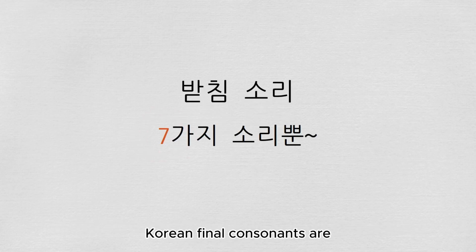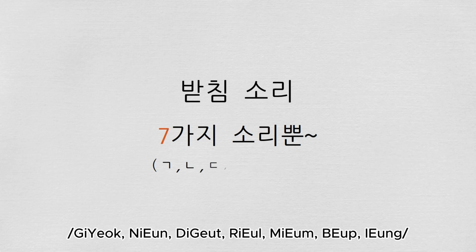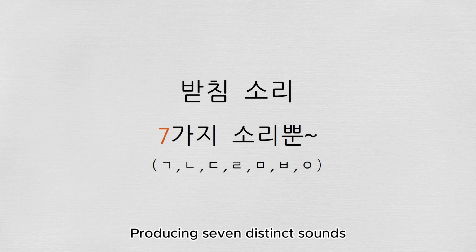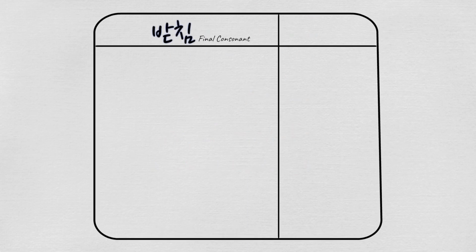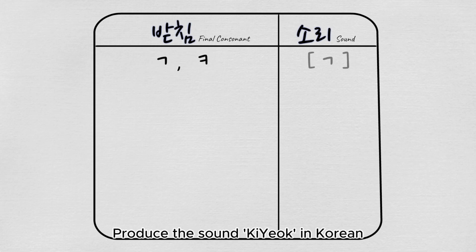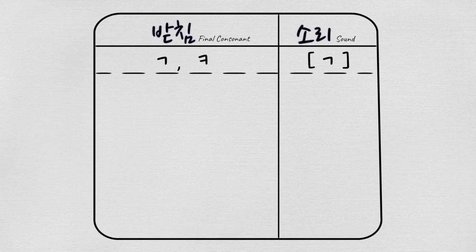Korean final consonants are 기역, 니은, 디귿, 리을, 미음, 비읍, 이응, producing 7 distinct sounds. The final consonants 기역 and 키읔 produce the sound 기역 in Korean.